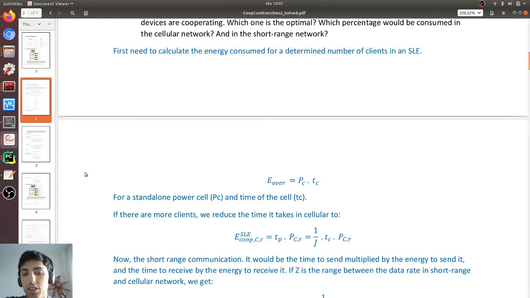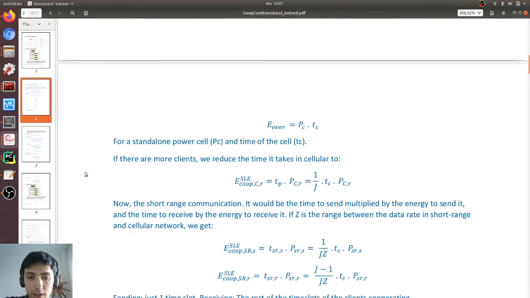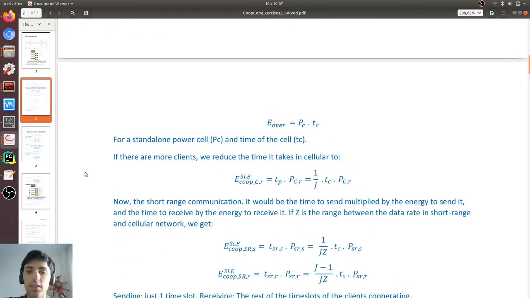Now, what would happen in the short range? Let's go a little bit down again. In the short range communication, we will have a part to send and then a part to receive. We know that Z is the ratio between the data rate in the short range and the data rate in the cellular. So the energy to send will be the time to send multiplied by the power to send. The power to send we know.